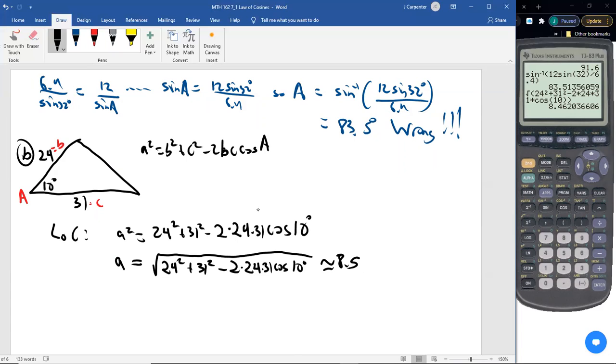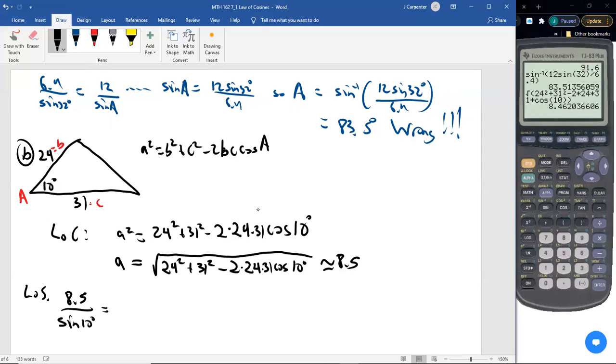We can either find maybe the angle opposite of C or B, but we said we need to be really careful. We need to make sure that we're not using the largest side because that angle could be bigger than 90 degrees. It's not a guarantee. So that means we can't use the 31 yet in our law of sines. So for law of sines, we have to use what I've called B. We have to use the 24 with the completed A. So the A over the sine of A would be 8.5 over sine of 10 degrees.